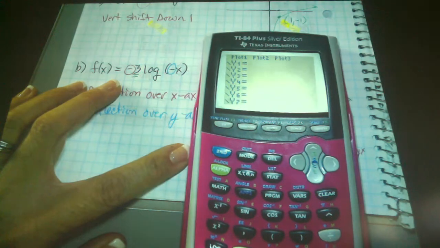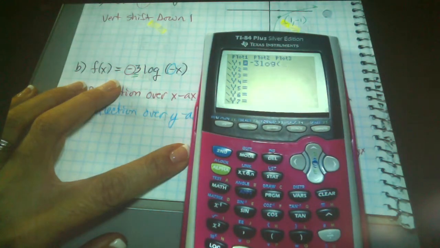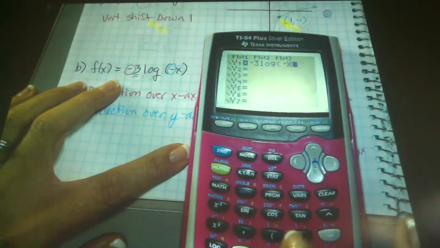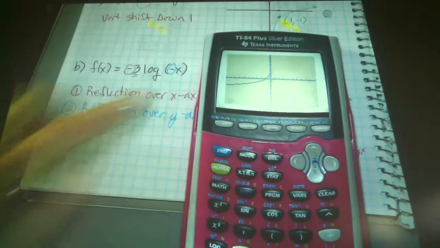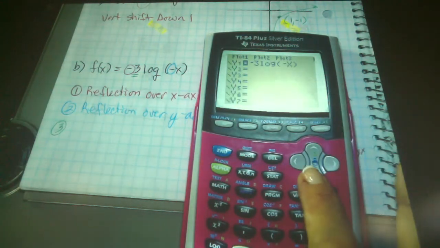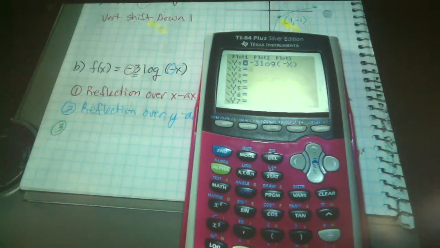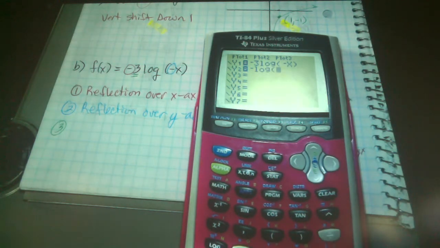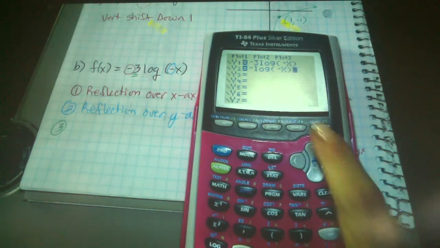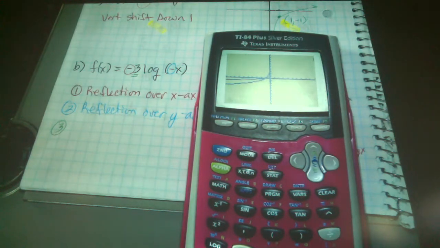All right, so negative 3 log of negative x. There's that double reflection. And let me just put in here for chuckle's sake, just the plain negative log of negative x, just without the stretch.